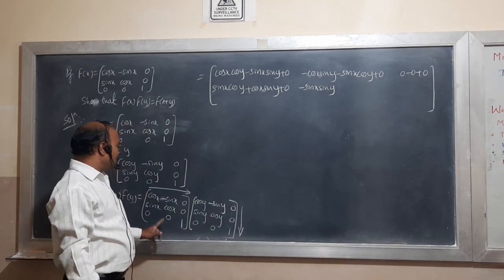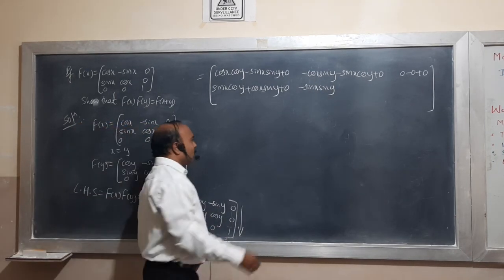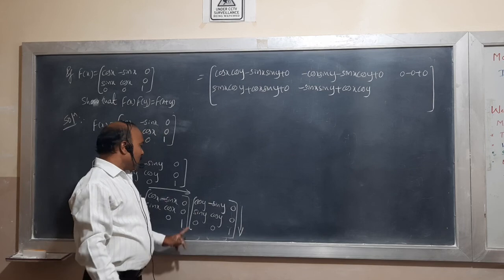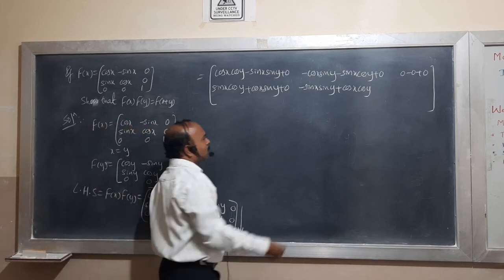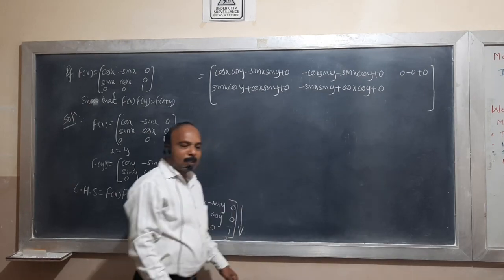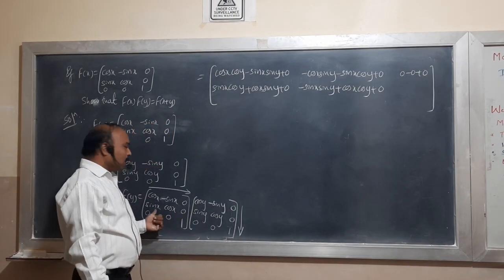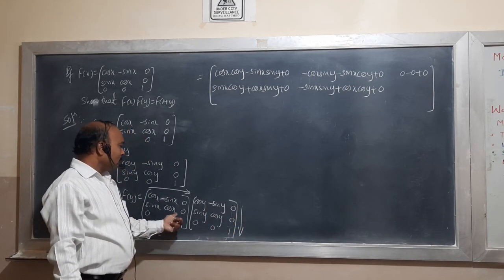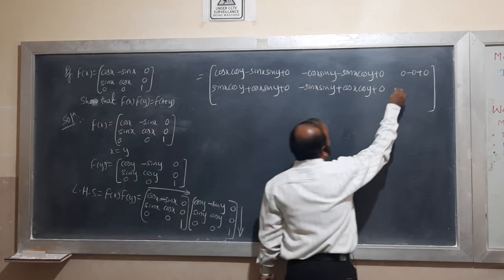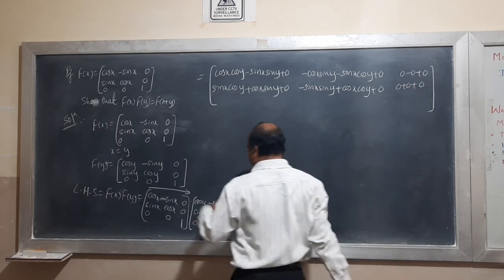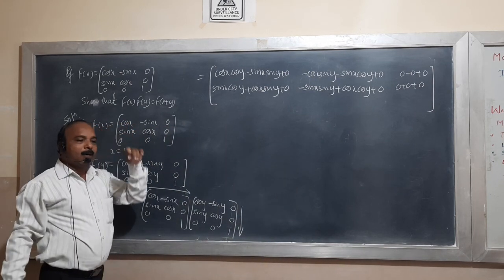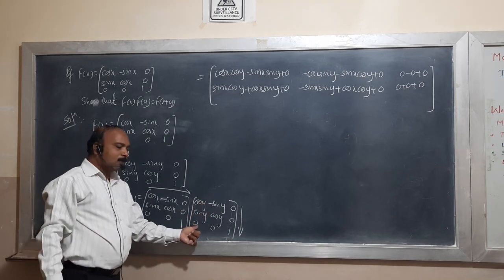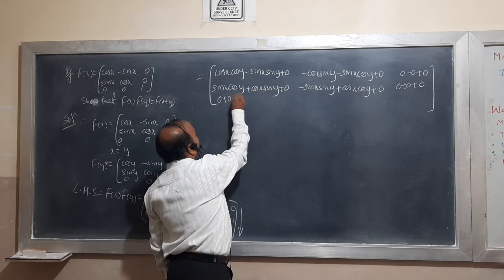Next cos x into cos y. Next plus 0 into 0 plus 0. Next second row third column, sin x into 0, cos x into 0 plus 0 into 1, that is 0 plus 0 plus 0. Next we go for the third row with the first column, 0, 0 and it is also 0. So I get 0 plus 0 plus 0.